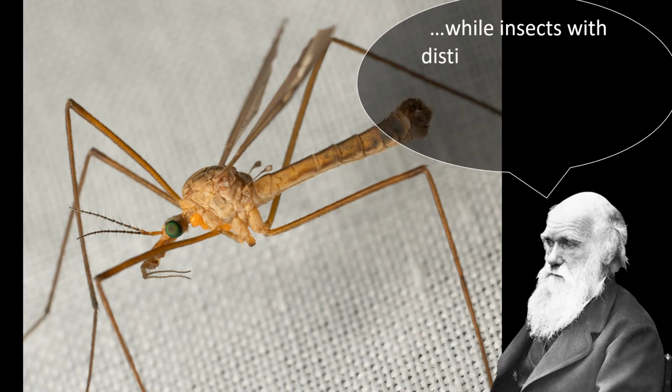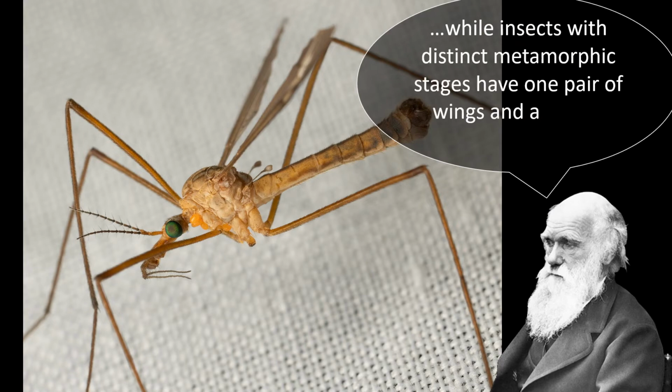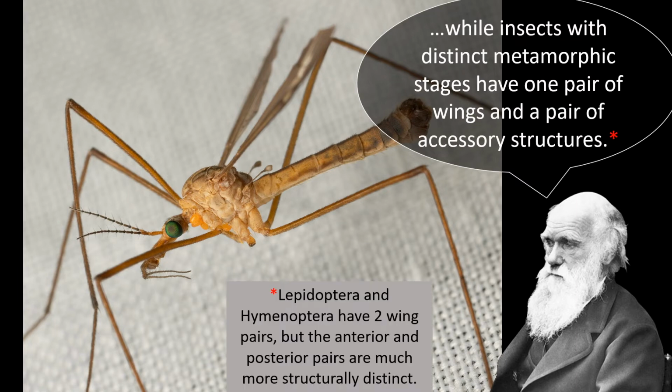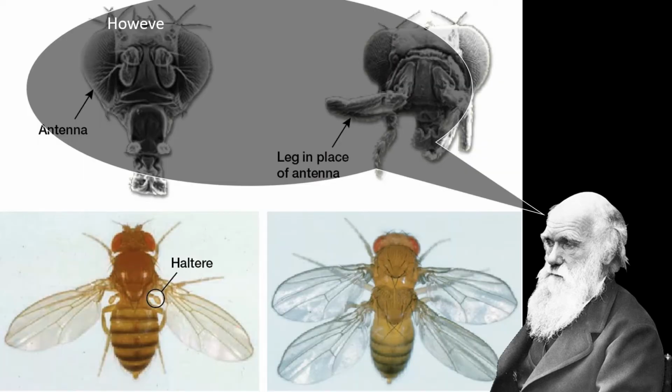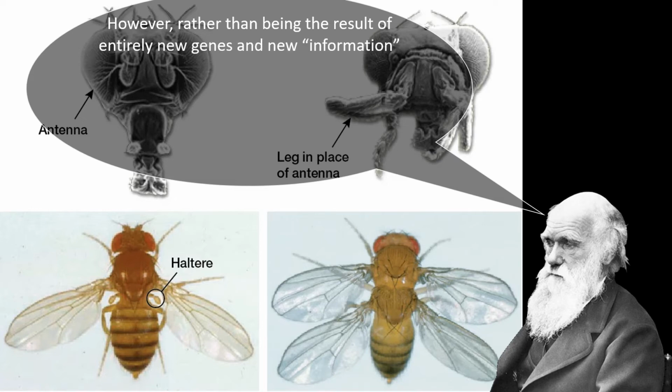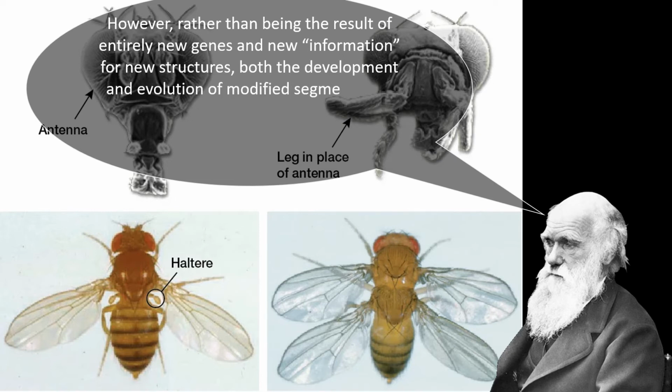While insects with distinct metamorphic stages have one pair of wings and a pair of accessory structures. However, rather than being the result of entirely new genes and new information for new structures, both the development and evolution of modified segments and accessory appendages instead stems from modifying extant genes, pathways, and structures.